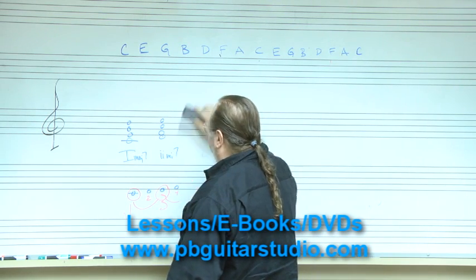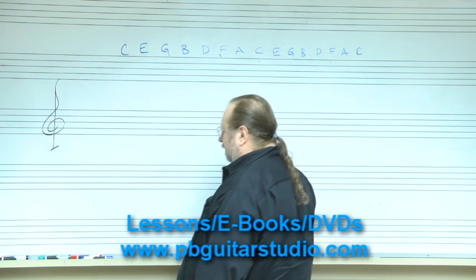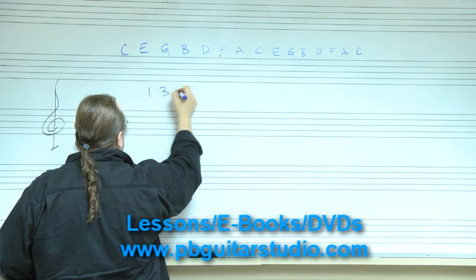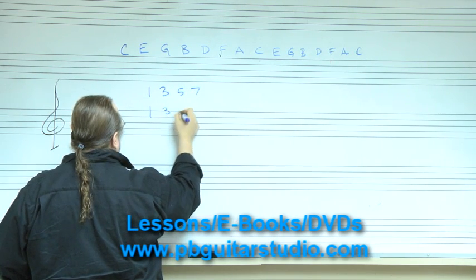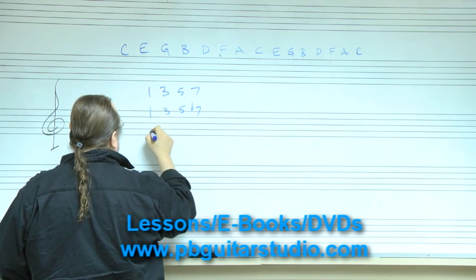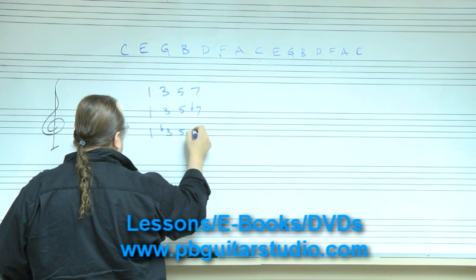We'll limit it to classical harmony though. You can major it, you can minor it, you can diminish it, you can half diminish it. There we go. So we got 1, 3, 5, 7, right? So we can go 1, 3, 5, flat 7. Then 1, flat 3, 5, flat 7.